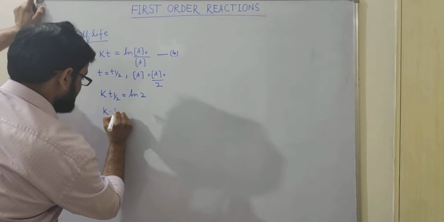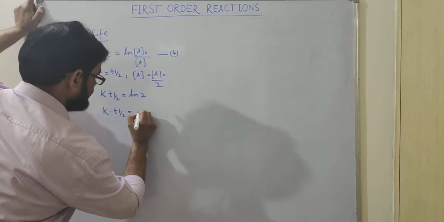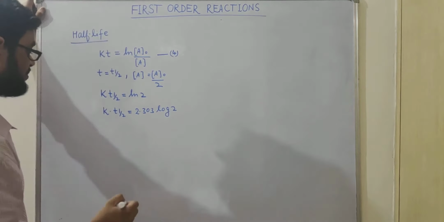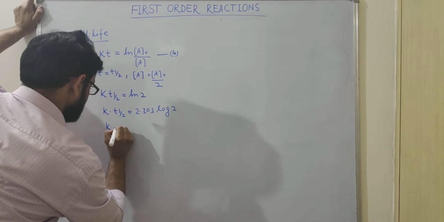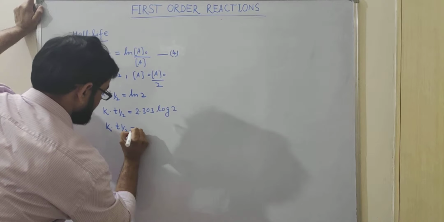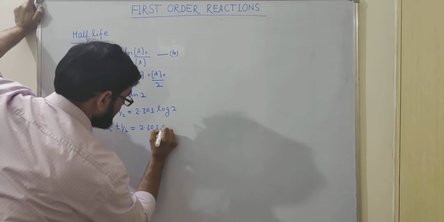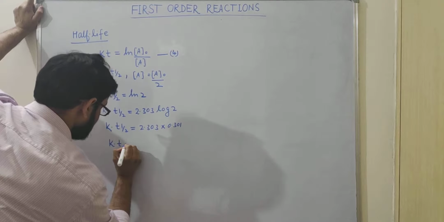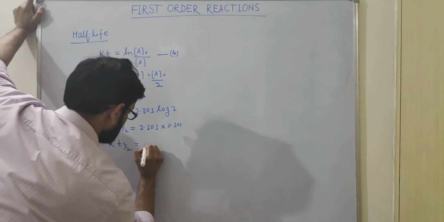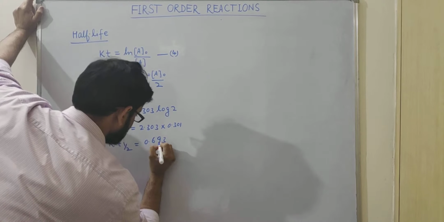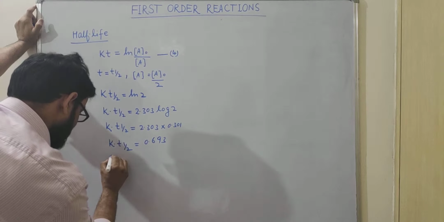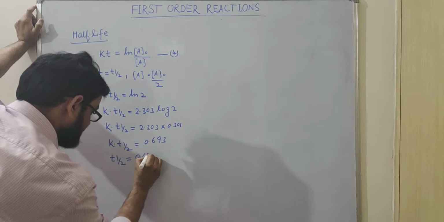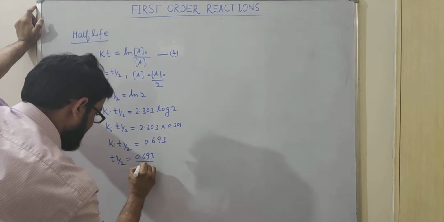Or we can write k into t half is equal to 2.303 log 2, or k into t half will be equal to 2.303 into 0.301, or we can write k t half is equal to 0.693, or t half is equal to 0.693 upon k.